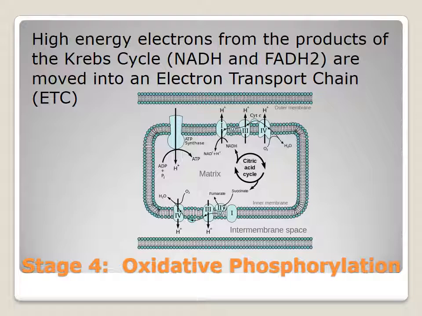Then, the electron, having pushed hydrogen over, jumps to the next molecule that has slightly more electronegativity and pushes hydrogen across. And it jumps again, pushing hydrogen across. That's called the electron transport chain, where you're moving electrons from one point to the next to the next. Each time it jumps, it pushes hydrogen across.